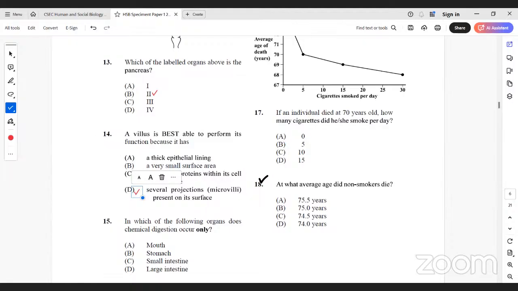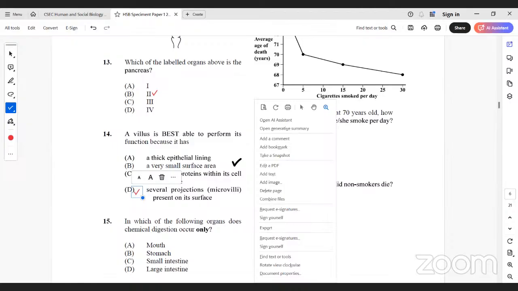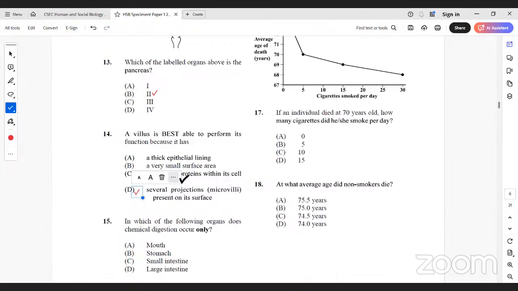And let's look into this question a bit. A thick epithelial lining, a very small surface area, few carrier proteins within its cell membrane, several projections, microvilli present on its surface. What you need to pay attention to is that they asked you for the best.